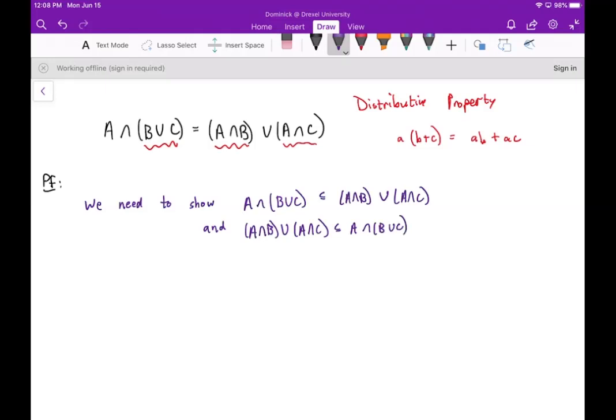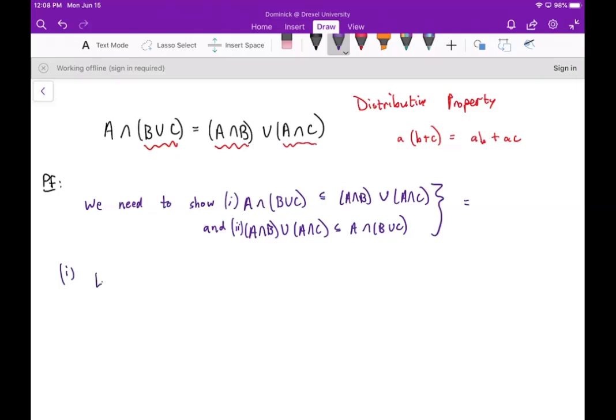Now, of course, if you have that each one is a subset of the other, that concludes that the things have to be equal, right? Which, of course, is what we're trying to show. So we need to show two things. We're sort of doing two little mini proofs in one here. Now, we'll start with showing that the left-hand side is a subset of the right-hand side.